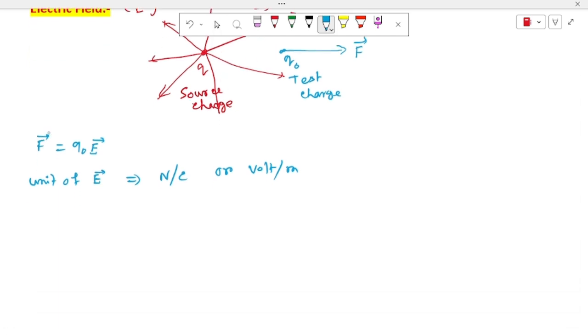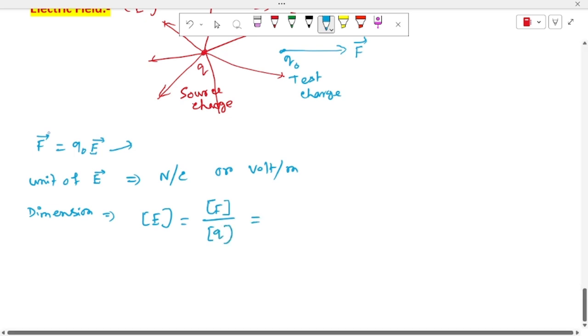So what is the dimension? The dimension of electric field vector: from this equation it is clear that electric field is equal to force by the charge Q. So the dimension of the force divided by the dimension of the charge.